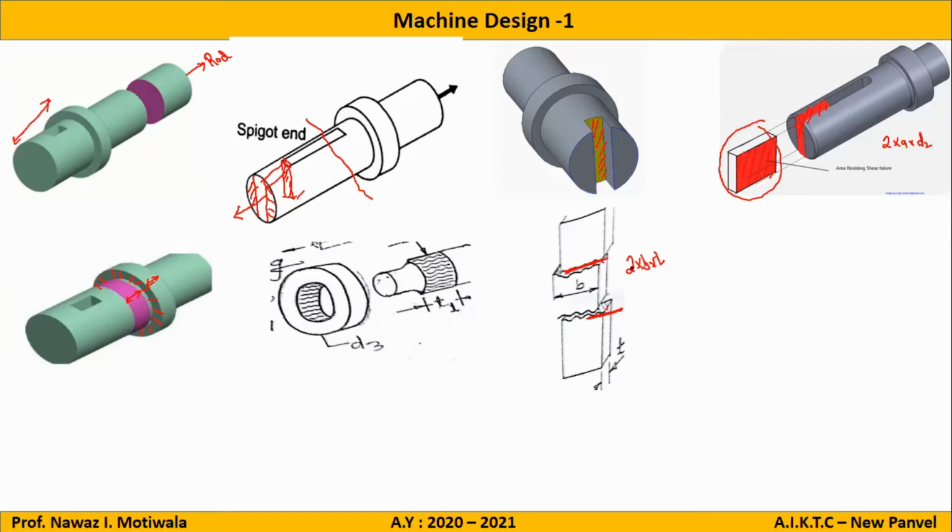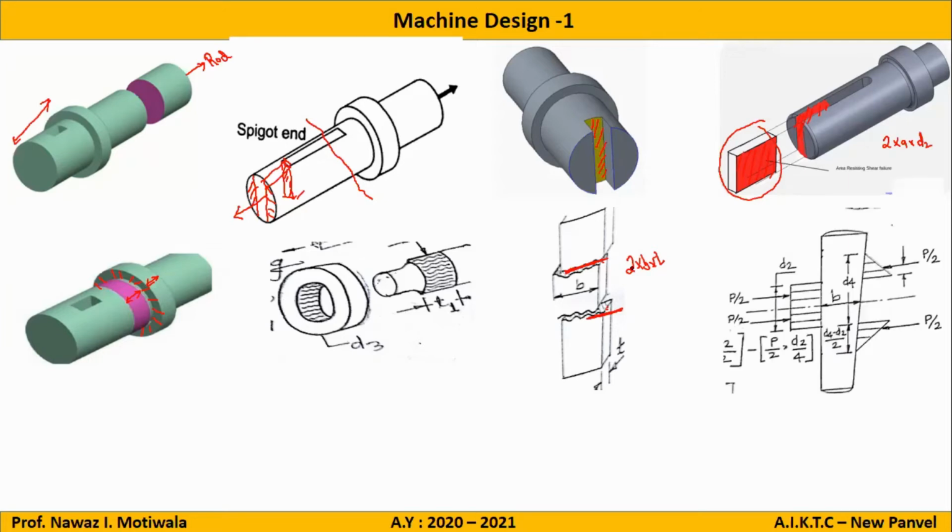And then if you go for the bending part, we have this bending because the load is applied perpendicular to the axis of the pin. Hence there will be a bending, and for bending we have already seen the formula. Okay, what is the next part? Socket. And in the socket, what is the load acting? Tensile.